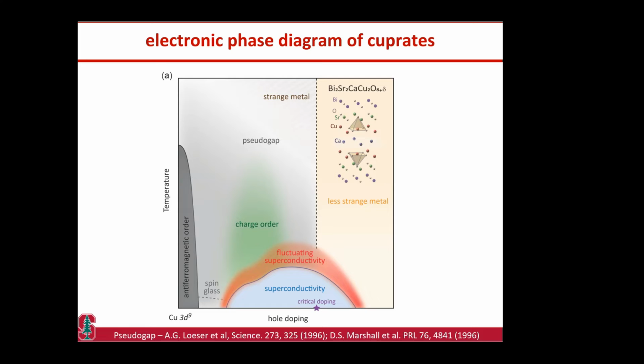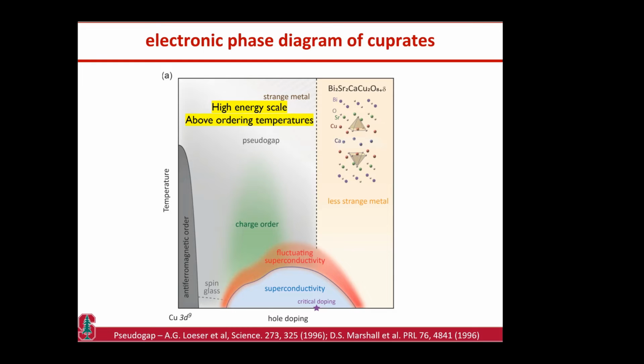We think the phase diagram, at least for this material system, will look like this. Near the critical doping, there appears to be a fairly steep boundary, and to the left and to the right look quite different.